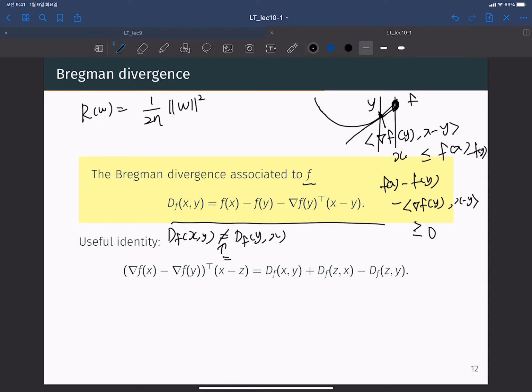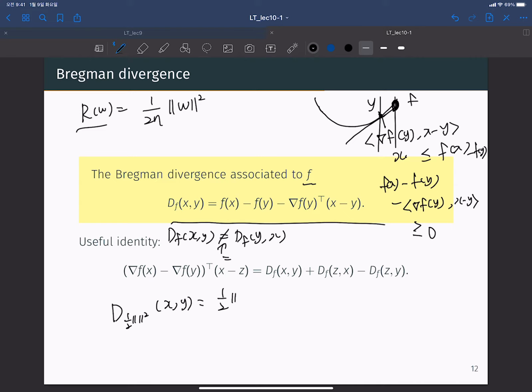Right. So why do I introduce the Bregman divergence? The Bregman divergence with respect to the additional regularization function R has a very important meaning in online mirror descent and the online convex optimization problem. And the Bregman divergence of 1 over 2 norm squared is very interesting and very important. So what is this?